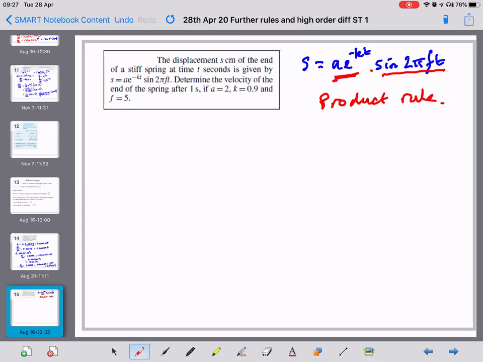So we can rewrite this as S equals 2, which is I, e to the minus 0.9t times sine 2 pi times f, which is 5, so that's 10 pi t. Everybody follow that?